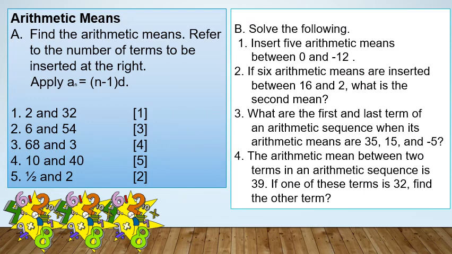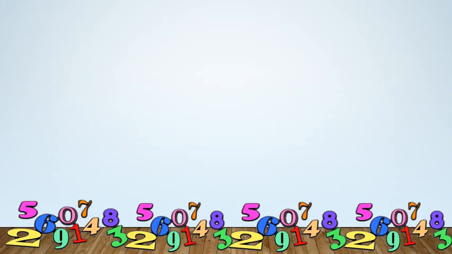Arithmetic means, so maglalagay ka ng isang term between 2 and 32, tatlong terms between 6 and 54, apat na terms between 68 and 3, fifth term between 10 and 40, then 2 terms between 1/2 and 2. Mga bata, wag ipalit yung given ha. Ang first term, ito. Ang last term, yan. Then solve the following problem.